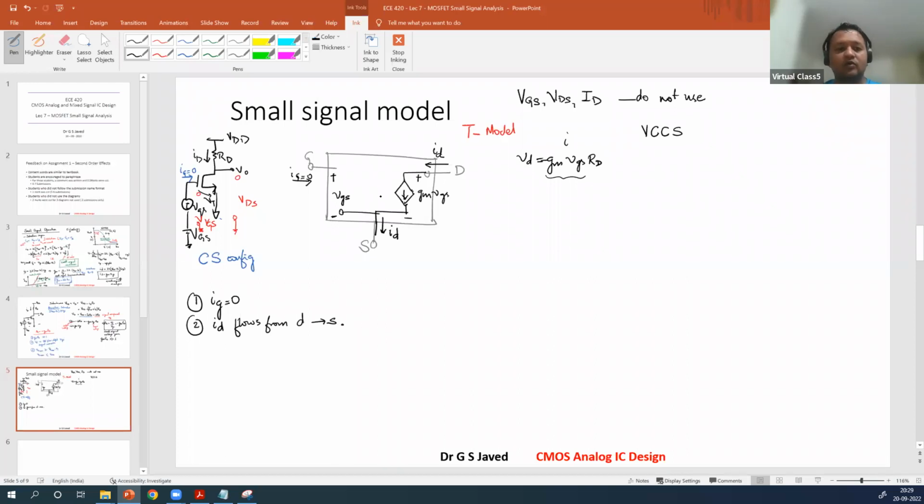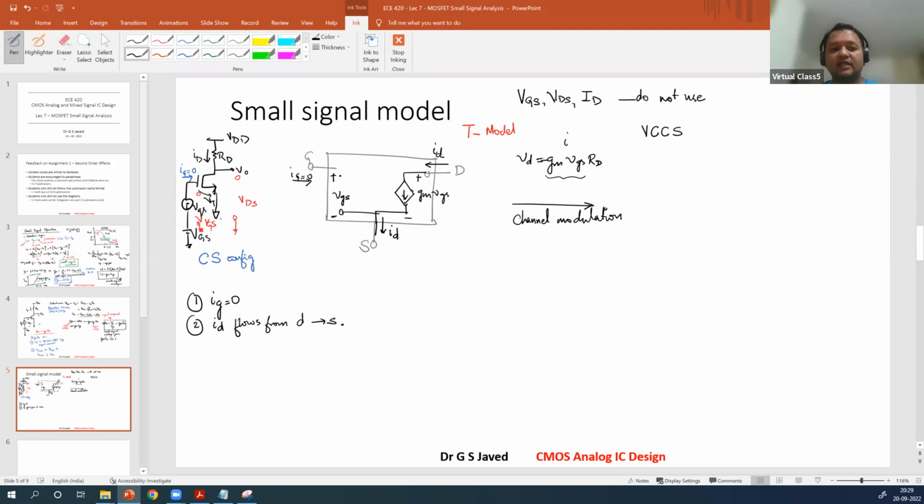Okay. Now this is the T model. What will happen to the equivalent T model with channel modulation? Till now we have assumed there is no channel modulation. With channel modulation, where is the modulation present, gate to source or gate to drain?